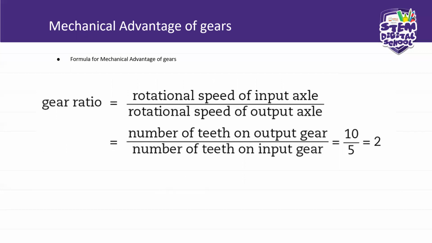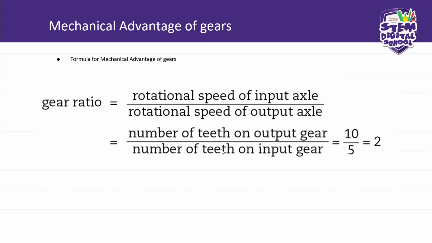You start with your gear ratio, where you count the number of teeth on the driver divided by the number of teeth on the driven gear. Then the output gear divided by the input gear.